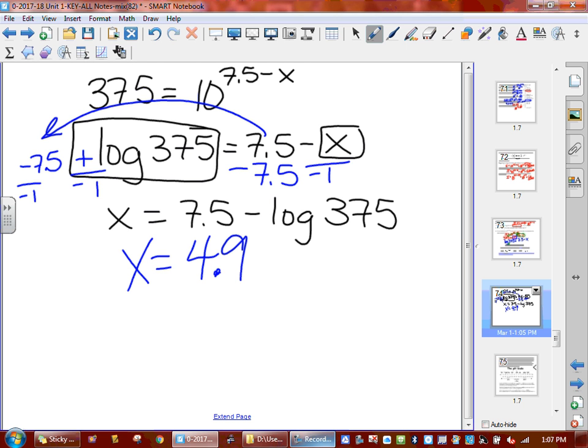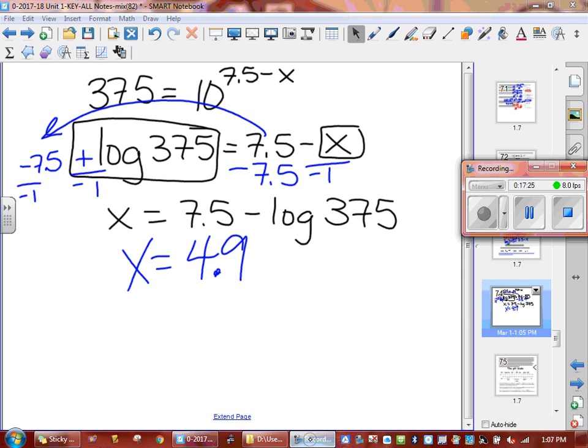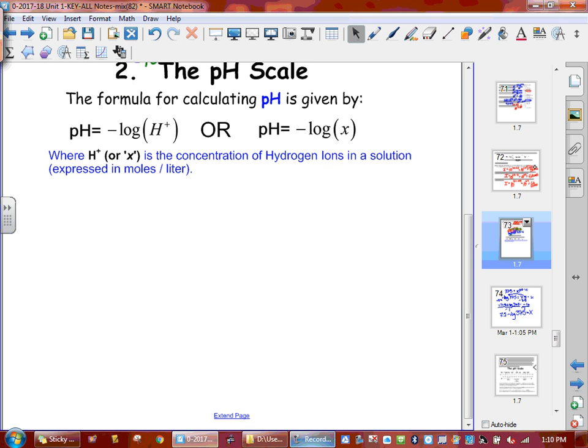Okay, on the pH scale, you're either going to be solving for the pH of something, or you're going to be solving for the hydrogen ions. So there's two different equations you get. One is intensity equals 10 exponent pH1 minus pH2. So it's identical.